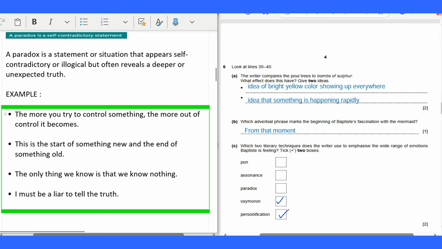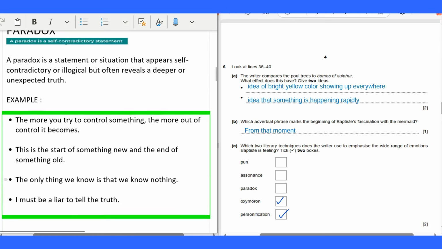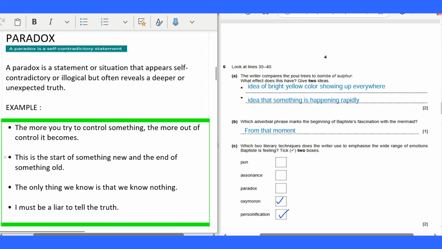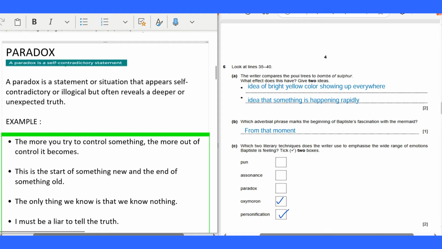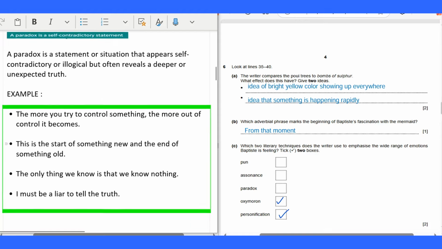The more you try to control something, the more out of control it becomes. I must be a liar to tell the truth. So that is paradox. This is the start of something new and the end of something old. The only thing we know is that we know nothing. That is paradox. So be careful not to choose paradox, because the correct answer is oxymoron.